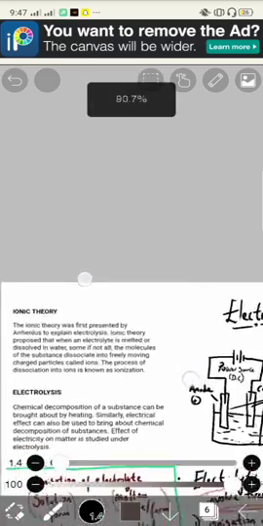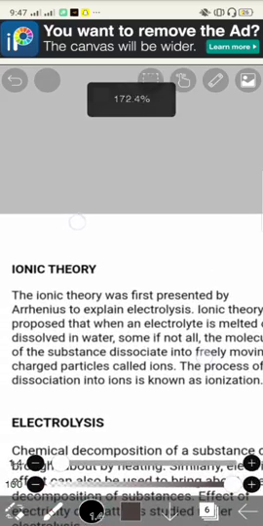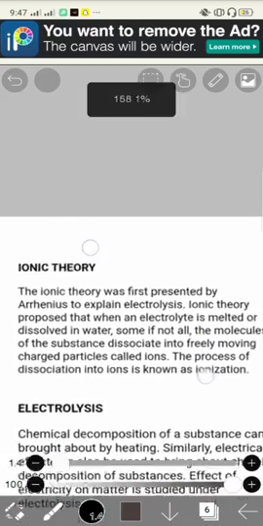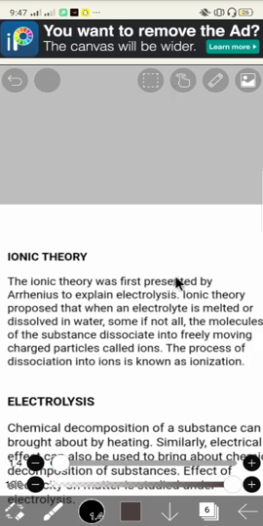I need you to understand what an ionic theory is. So let me look at an ionic theory. An ionic theory proposes that when an electrolyte is melted or dissolved in water, some, if not all, the molecules of the substance dissociate into freely moving discharge particles called ions.